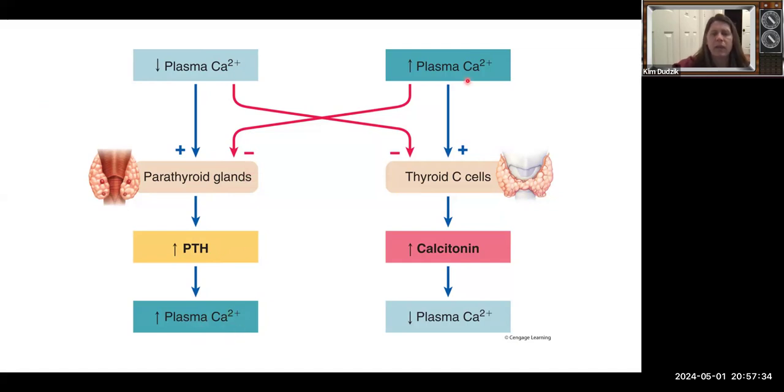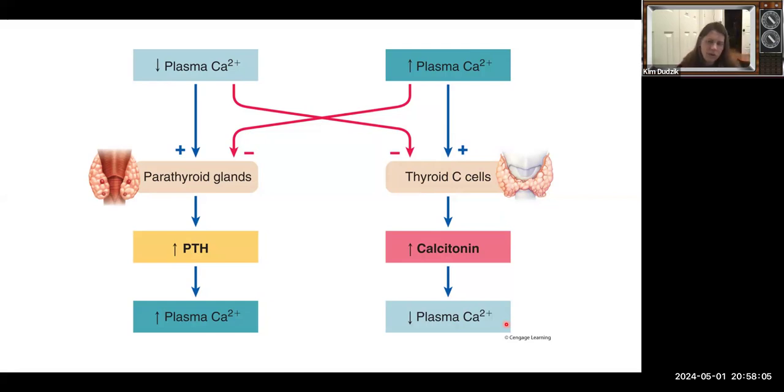Okay, and as plasma calcium concentrations increase, before we get into hypercalcemia, too much calcium, the thyroid C cells can be stimulated to release calcitonin, which then decreases plasma concentrations of calcium.